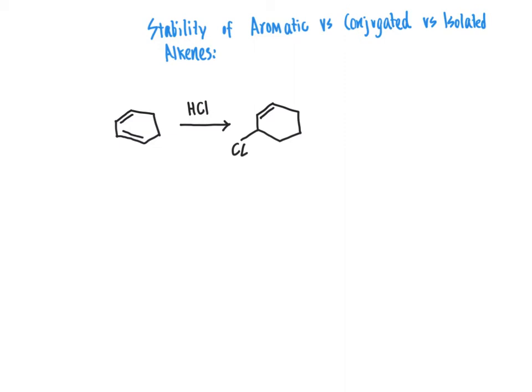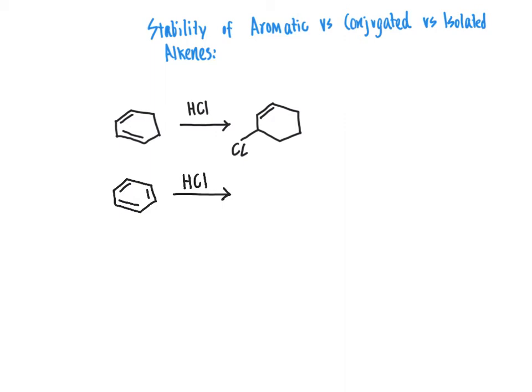So analogously, one would think that if we have an aromatic system, a benzene derivative, or benzene, such as this, that if we react with HCl, we might predict that we would similarly get an addition product where the H and Cl add across one of the carbon-carbon double bonds in that aromatic molecule.